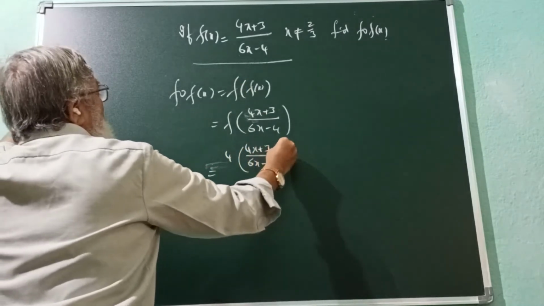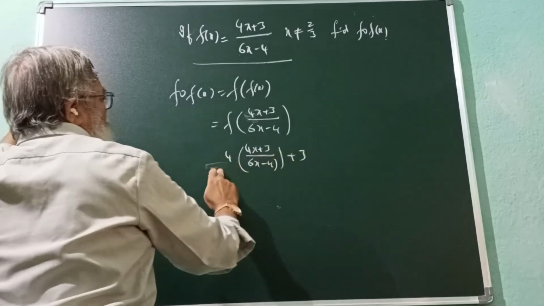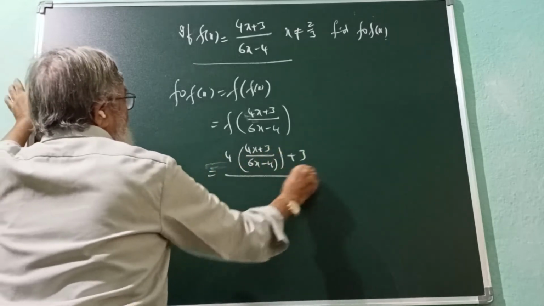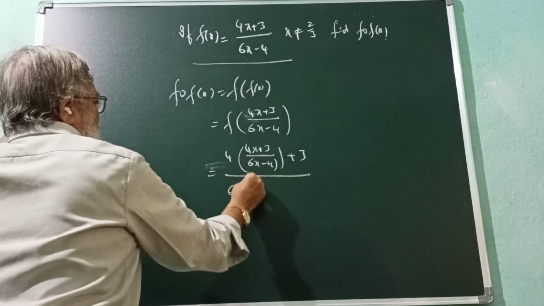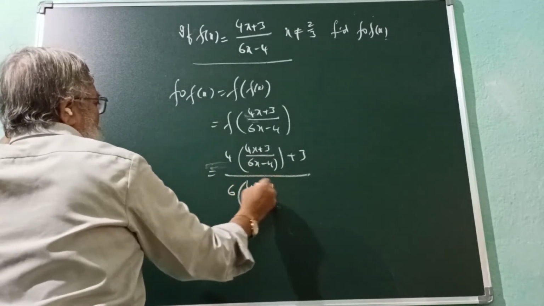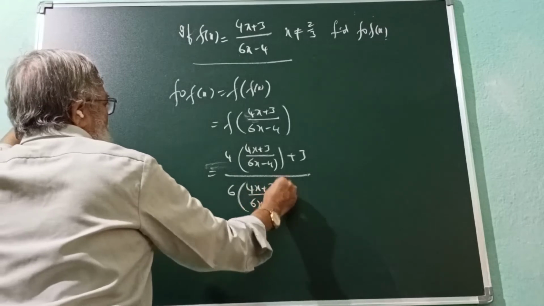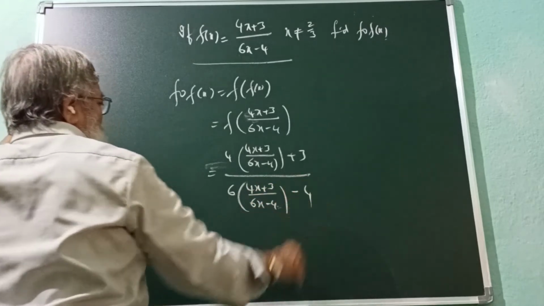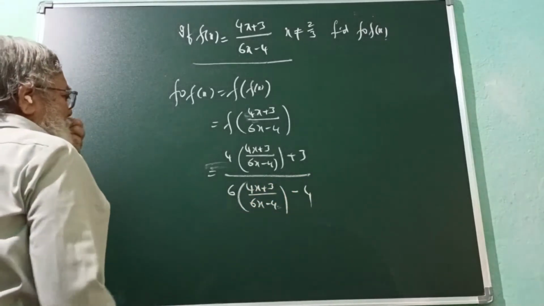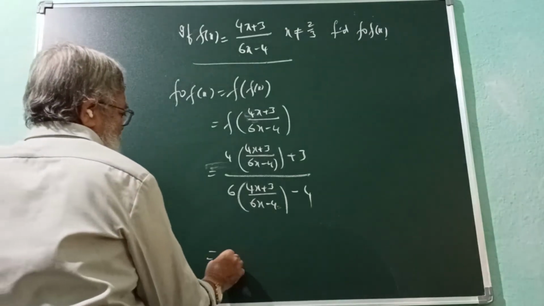4 times (4x + 3) divided by (6x - 4), plus 3, divided by 6 times (4x + 3) by (6x - 4), minus 4. Now let us take the LCM in the numerator as well as in the denominator.